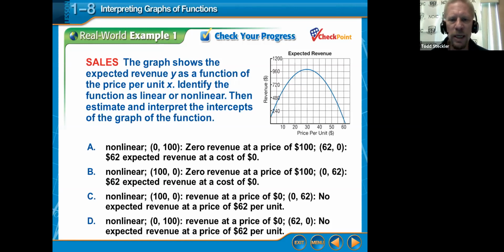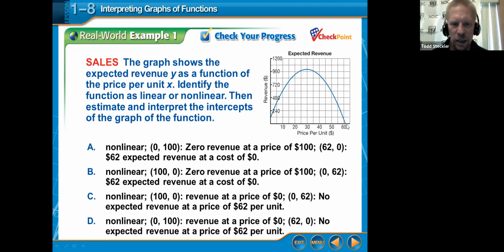Now, what's meant by the intercepts, there's going to be two intercepts on this graph. One of them will be an x-intercept where it crosses the horizontal axis. In this case, the horizontal axis is the price per unit, and that's in dollars. So the x-axis intercept looks like it's a little bit larger than 60.